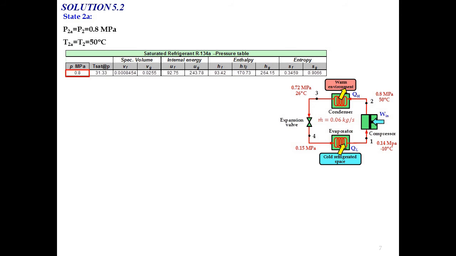At a pressure of 0.8 megapascal, determine T saturated. So T saturated at 0.8 megapascal equal to 31.33 degrees Celsius. Compare with the T2A value. So you get T2A is greater than T saturated at 0.8 megapascal. Okay, so the phase is confirmed superheated vapor.